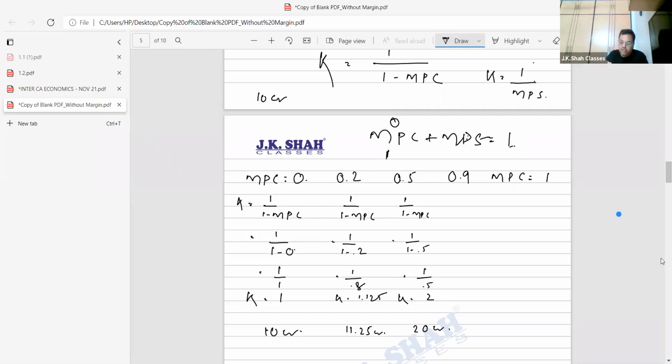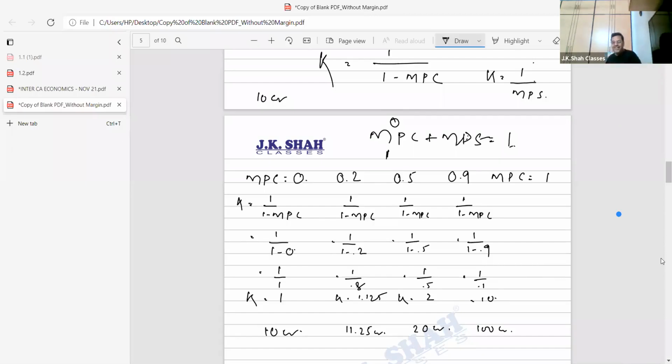Again, if you spend 90%, the formula is 1 upon 1 minus MPC. 1 upon 1 minus 0.9, so 1 upon 0.1, so this becomes 10. Spend money.